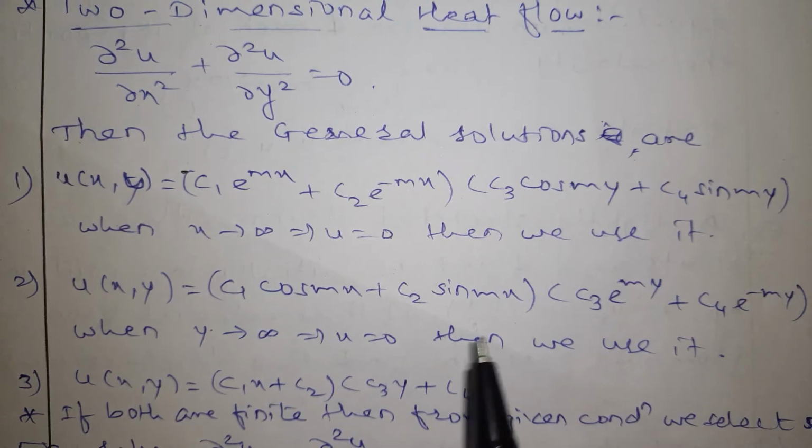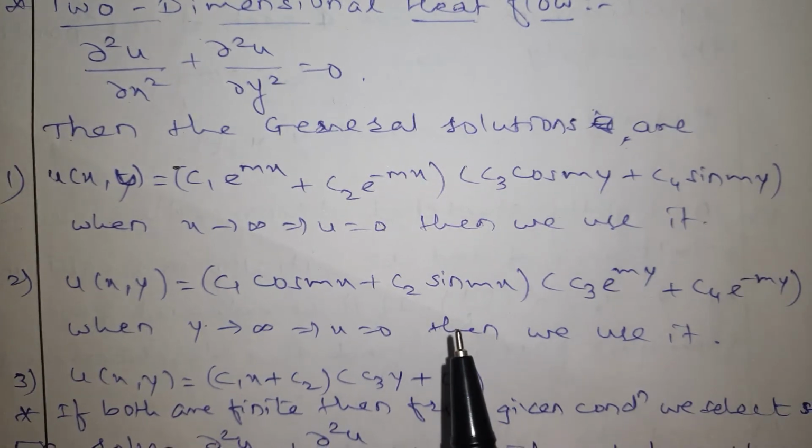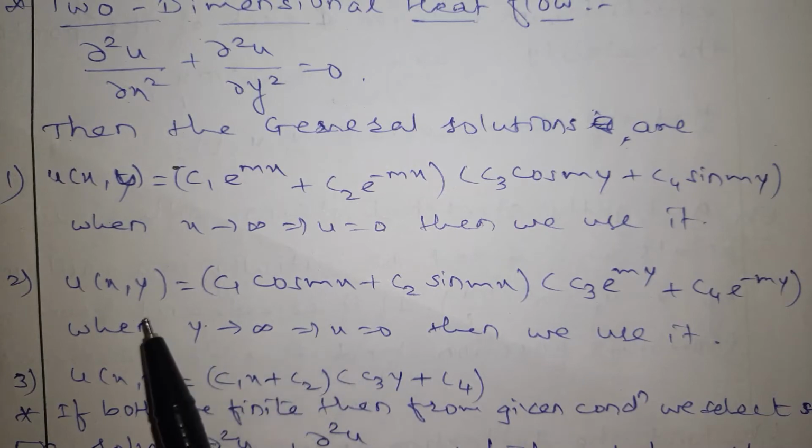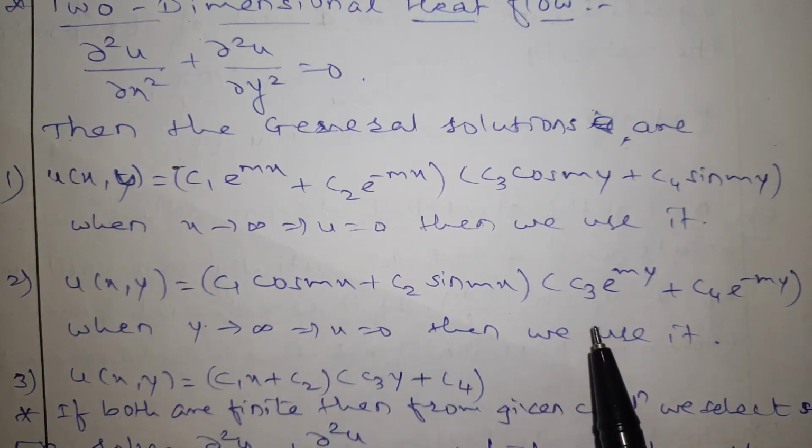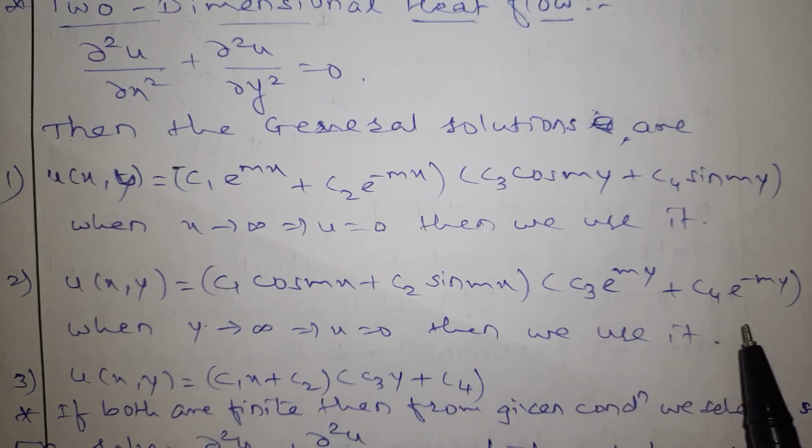Second solution, when y goes to infinity and u becomes 0. So u of x,y is equal to (c1 cos mx + c2 sin mx)(c3 e^(my) + c4 e^(-my)). But sometimes both are finite quantities, meaning neither goes to infinity. Then, according to the given conditions, we will select the solution.